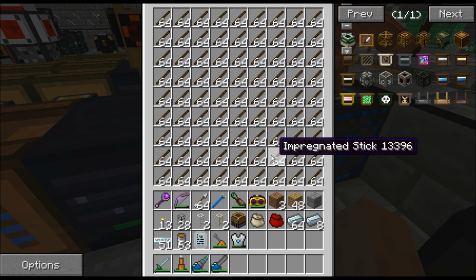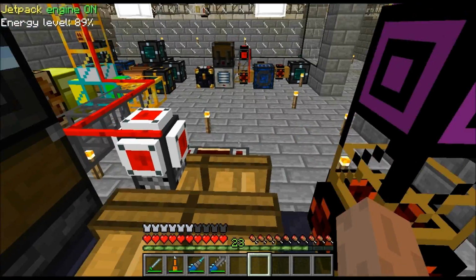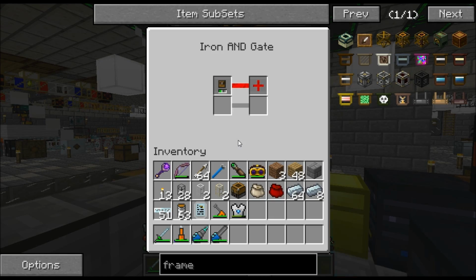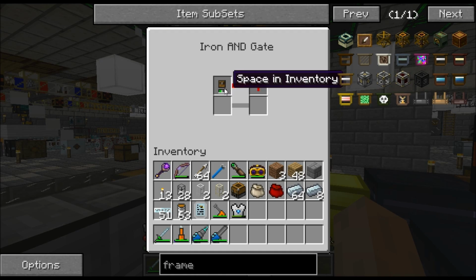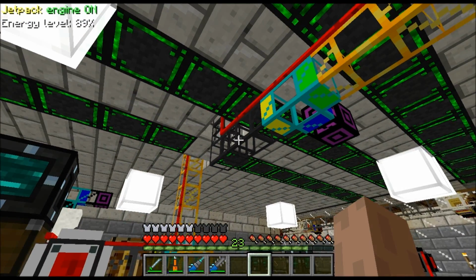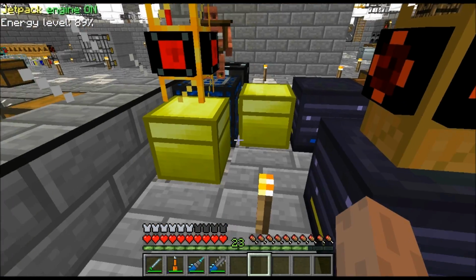As you can see, my system right now, as is, still has the capability of producing way more frames than I'm using at the moment. And then for the string, I have that flax farm upstairs. And so down here, I have an iron AND gate, which says if there's space in the inventory, emit a red pipe signal, which then goes up, turns on the autarkic gate upstairs, and pulls down string.